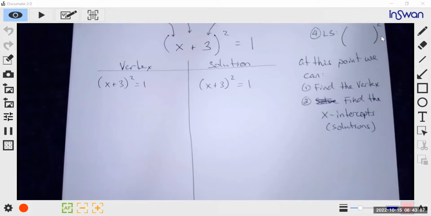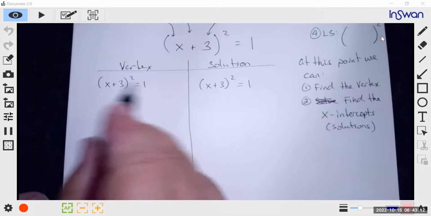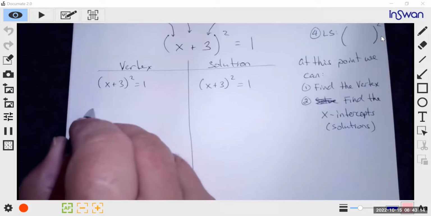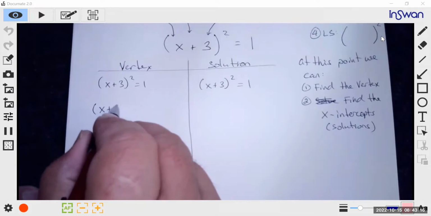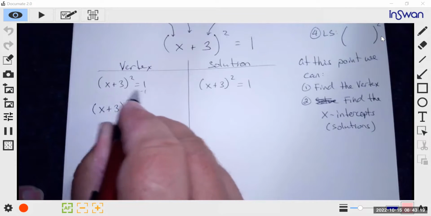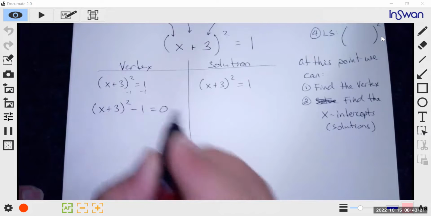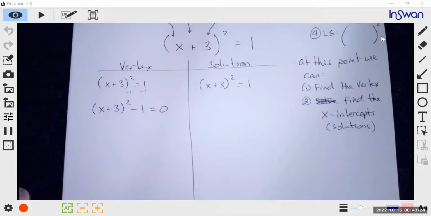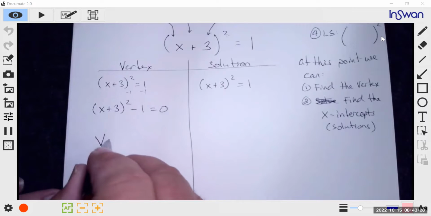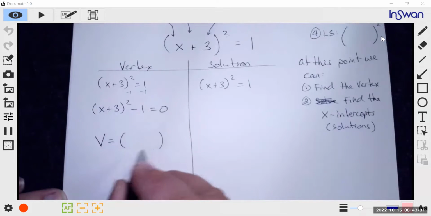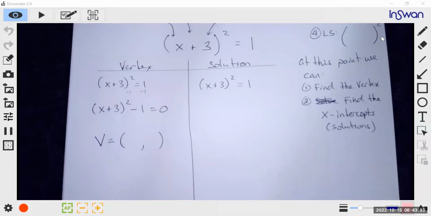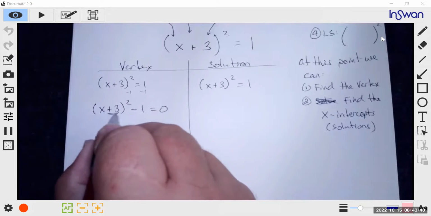If you're asked to find the vertex, set it equal to 0. So we have to subtract 1 from both sides. And the vertex is the opposite sign of this first one.